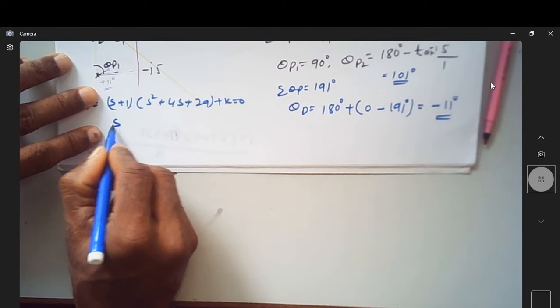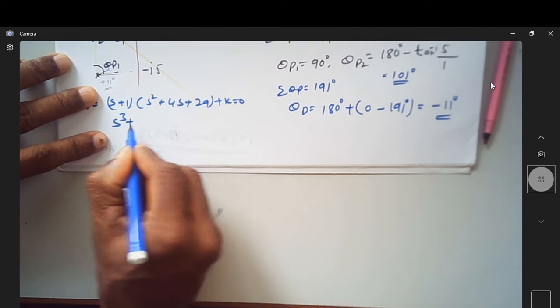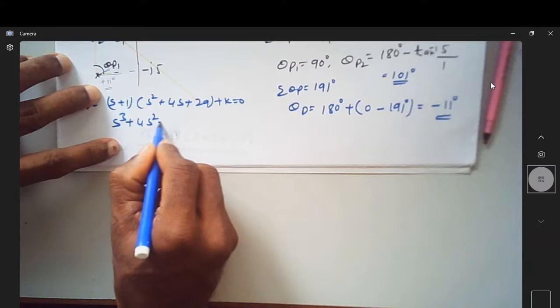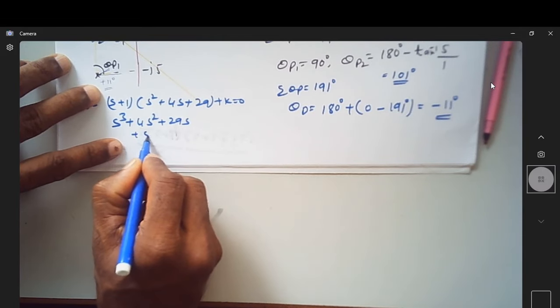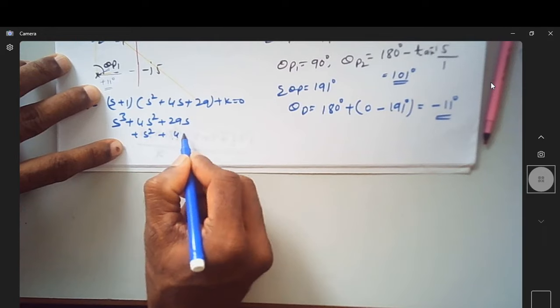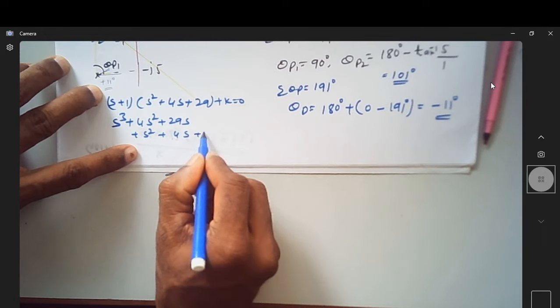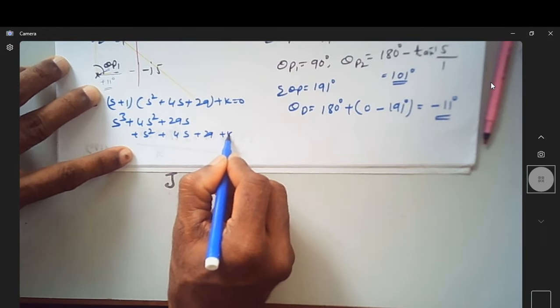So this further reduces to s cube plus 4s square plus 29s plus s square plus 4s plus 29 plus k.